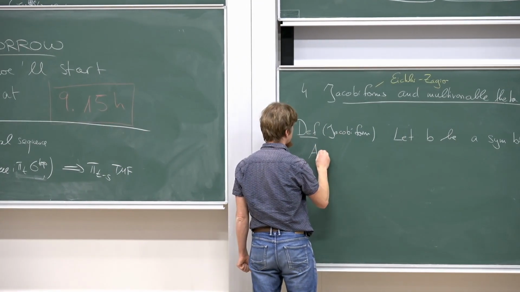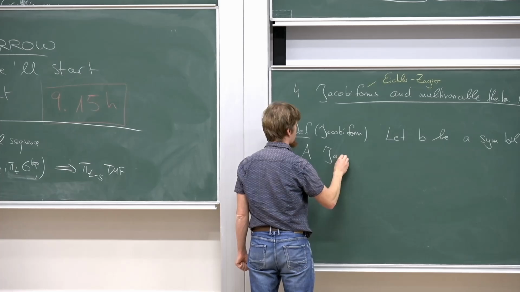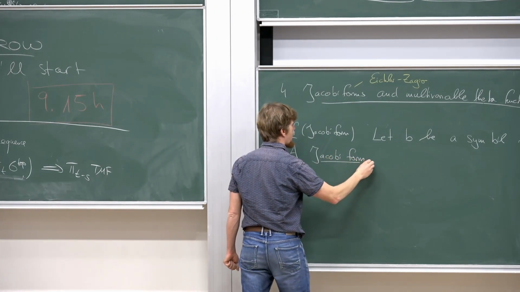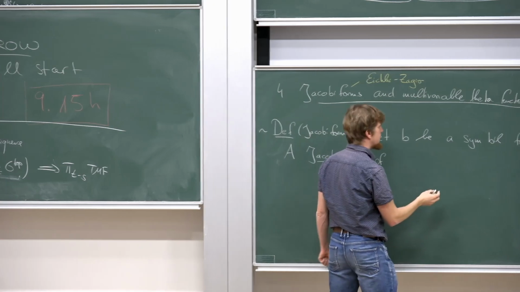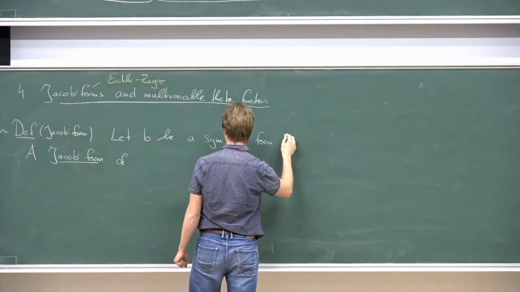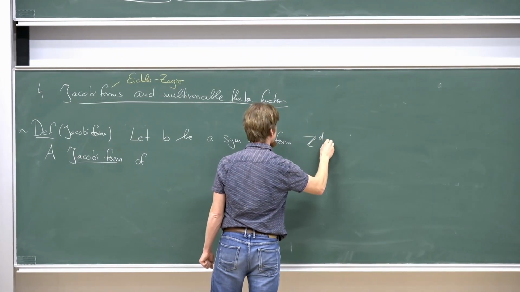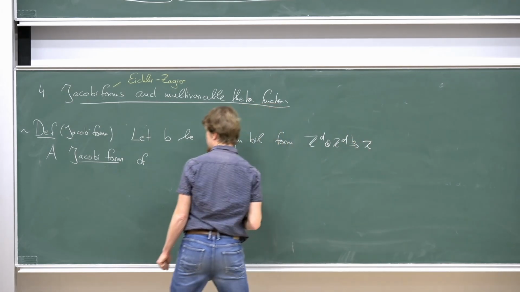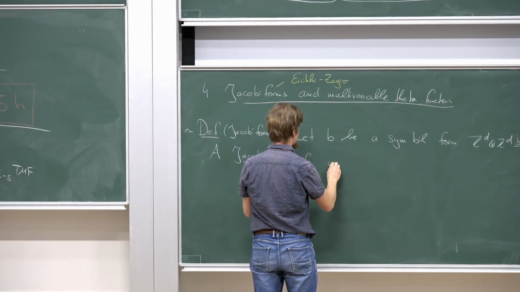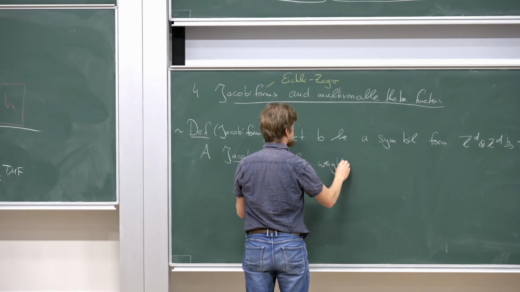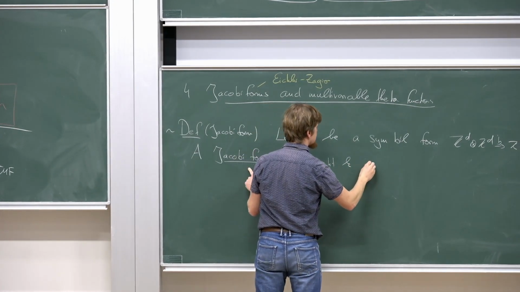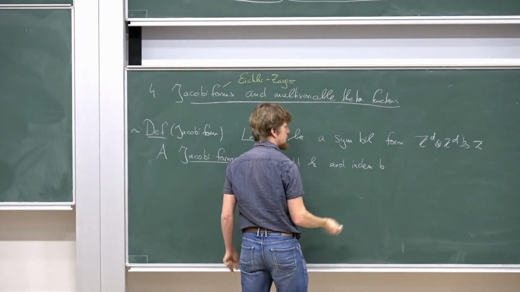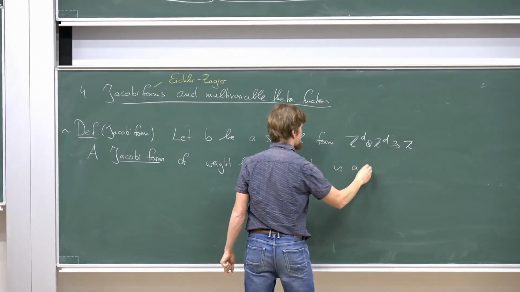So, Jacobi form. Let me write it. A Jacobi form of weight K and index B is now a holomorphic function.